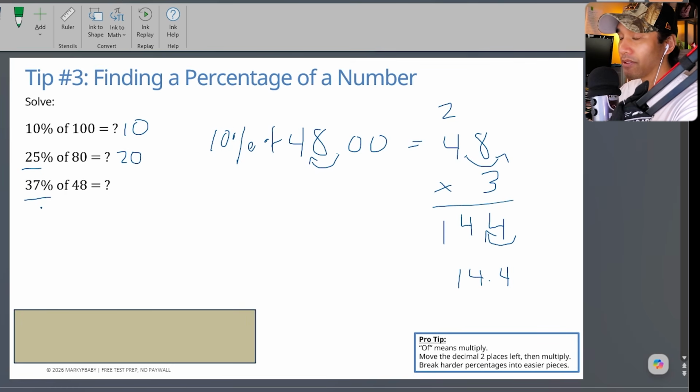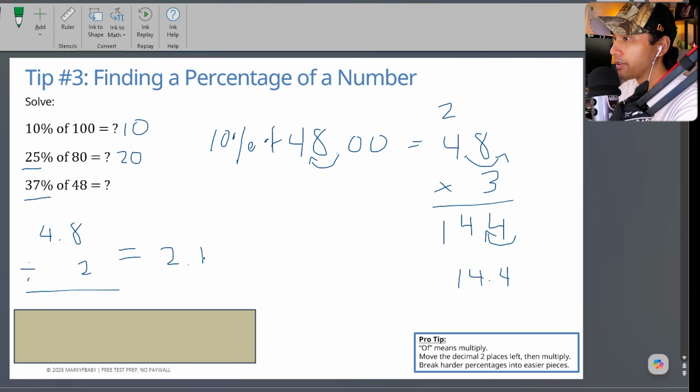So let's find the 5%. And the 5% is just half of the 10%. So 4.8, divide that by 2, we could mentally do this, right? And this equals 2.4.